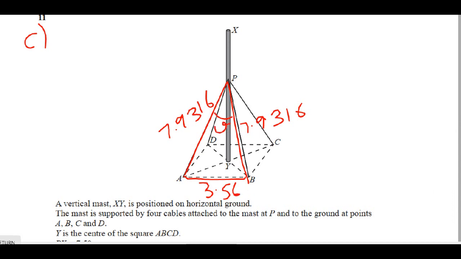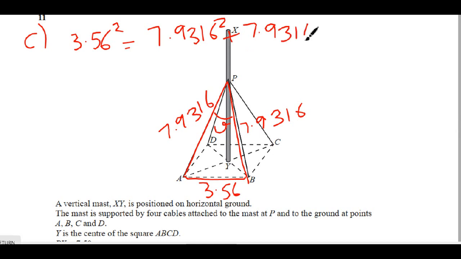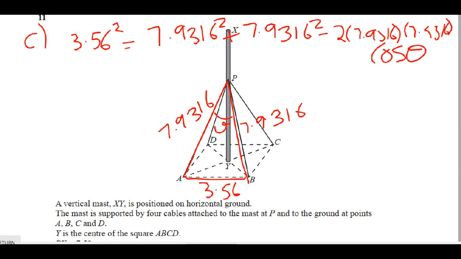That means we apply the cosine rule, which is 3.56 square is equal to 7.9316 square plus 7.9316 square minus 2 times 7.9316 times 7.9316 times cos theta. Make cos theta the subject.